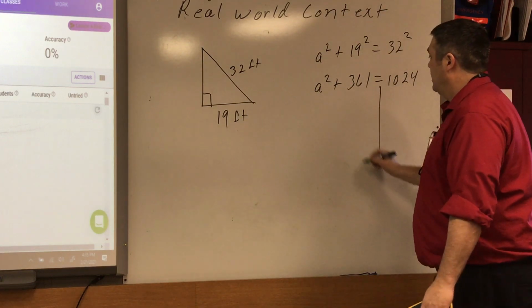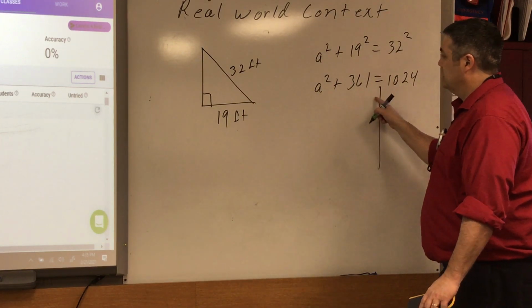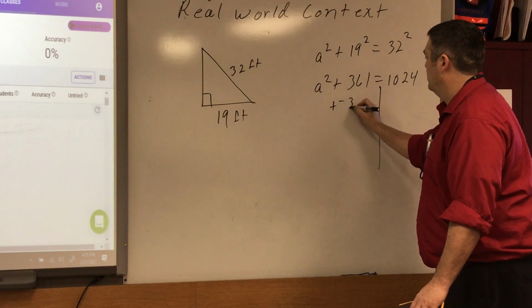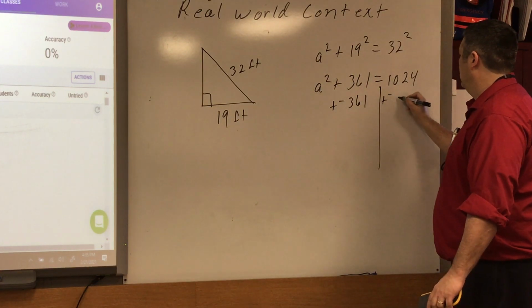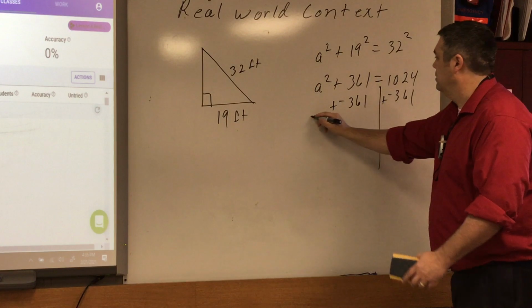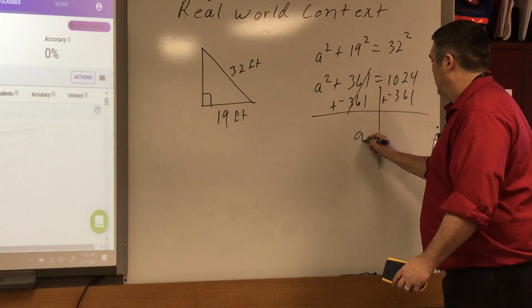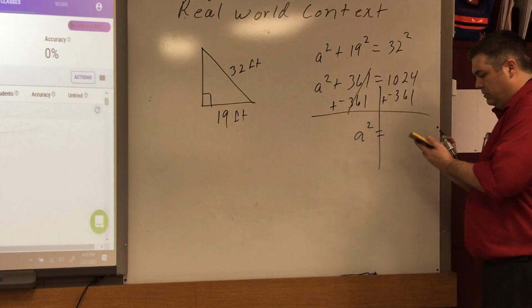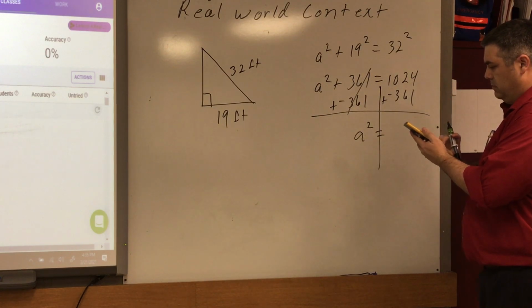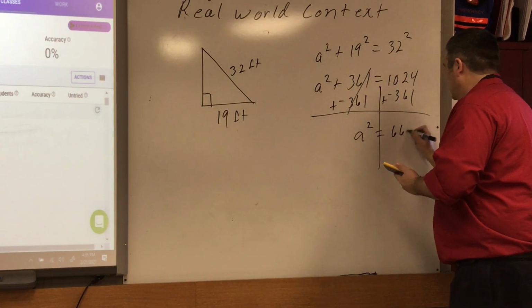So, draw my line. You could subtract 361 or you could add its inverse. I prefer adding the inverse, just makes more sense to me. Cancels out. A squared equals 663.